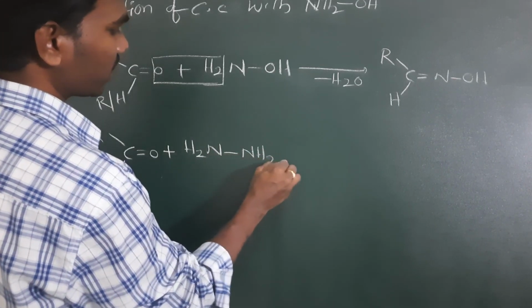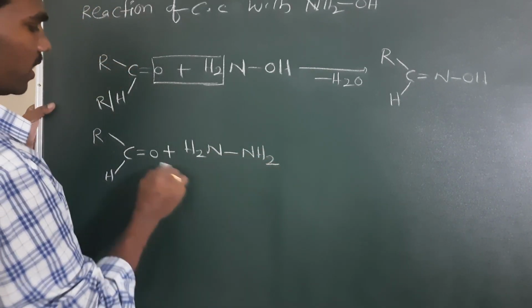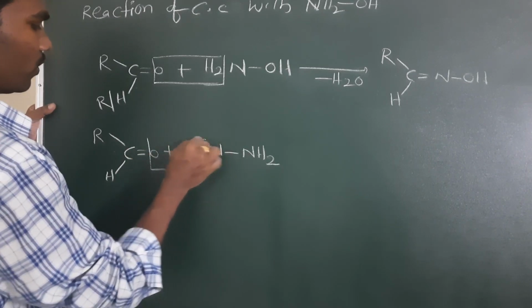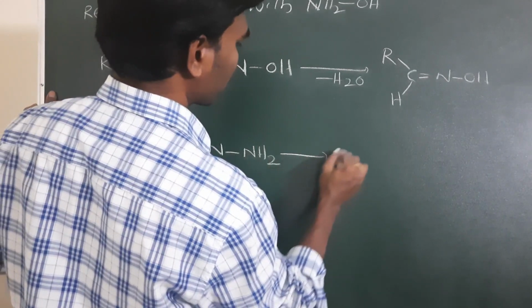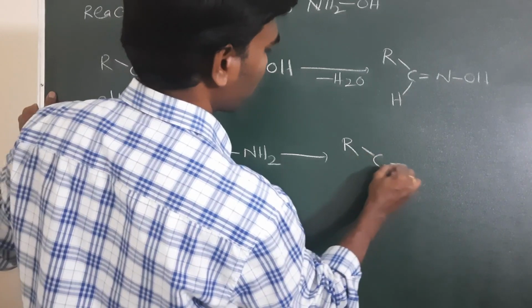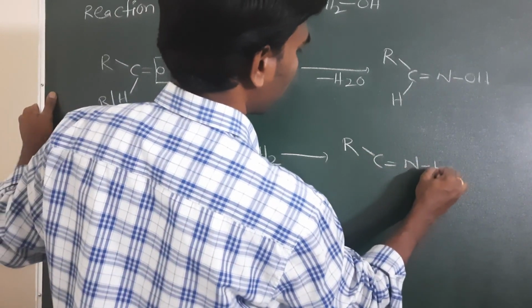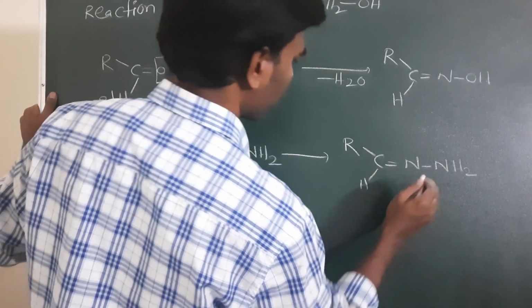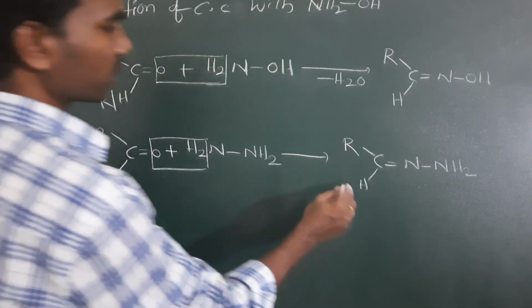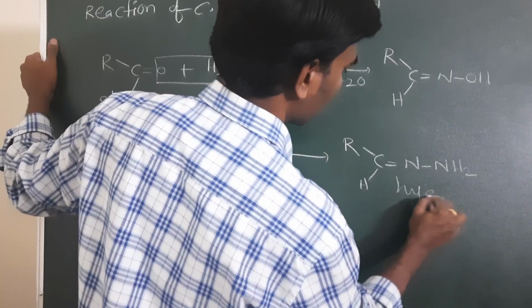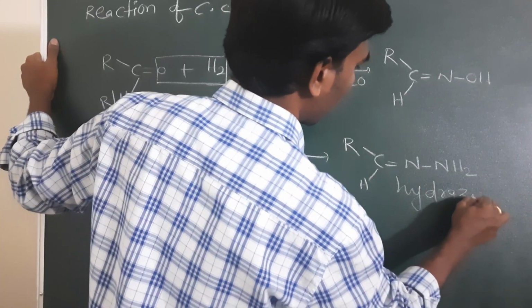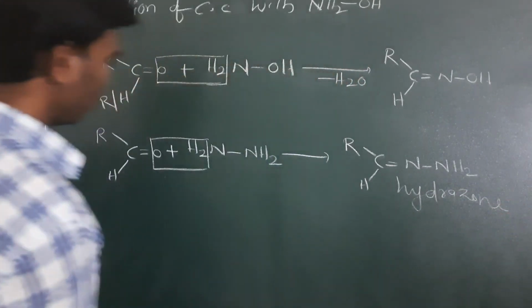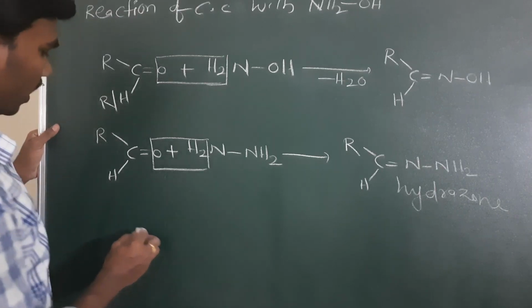One water molecule is eliminated, so then it is going to form RC double bond N and NH2. This is called hydrazine.